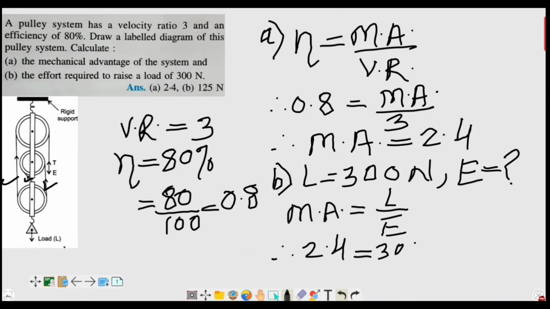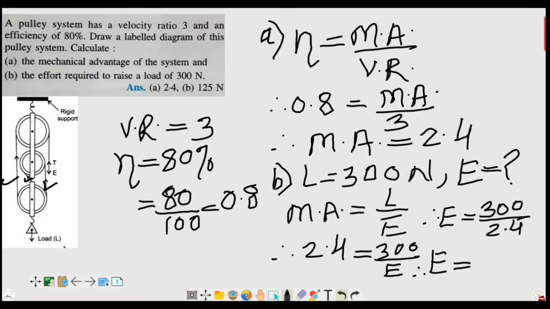Load is given 300. So your effort will be 300 upon 2.4. When you solve this, you will get your effort equals 125 Newton.